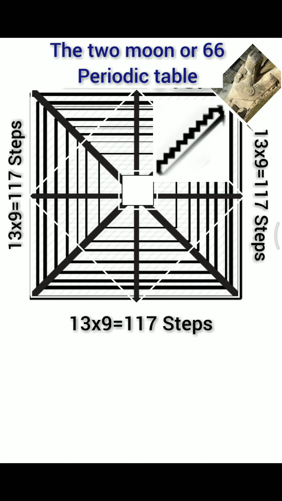If we extrapolate the Chichen Itza model to 13 into 9, that is 117 steps, instead of the 91 that we have at present, that will be a temporary mix and mash of the sun and moon model, in the sense, a one sun two moon model.